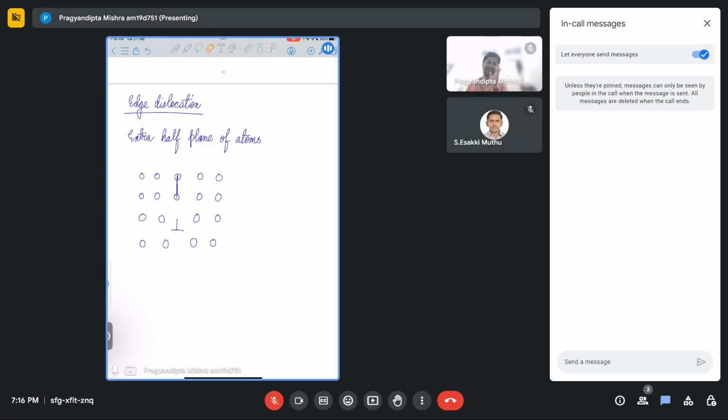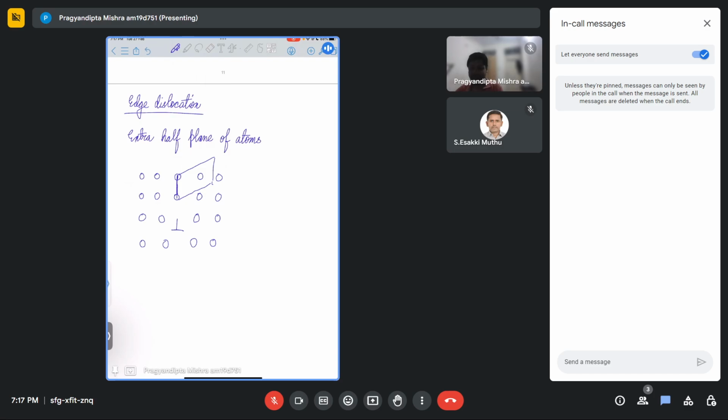But in 3D, that entire thing will percolate throughout the 3-dimensional case. So in that one particular plane, you will see that the entire plane of atoms does not have another layer below it. Okay, so this results in the dislocation being formed.